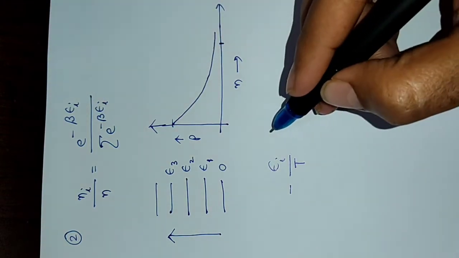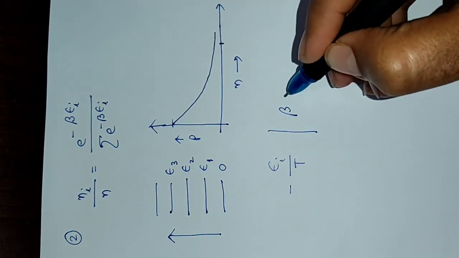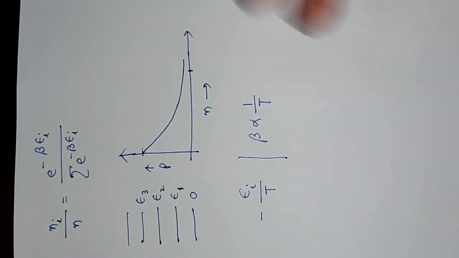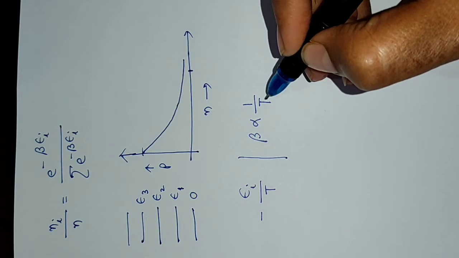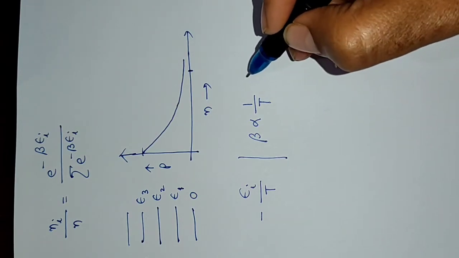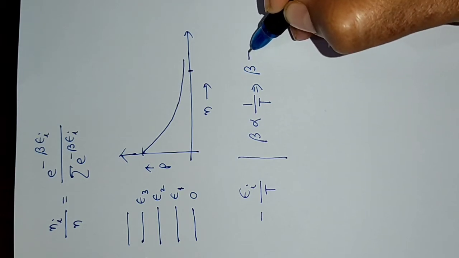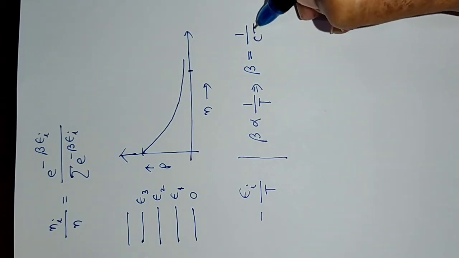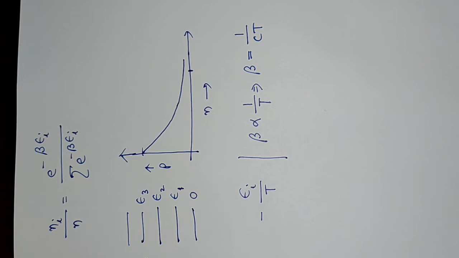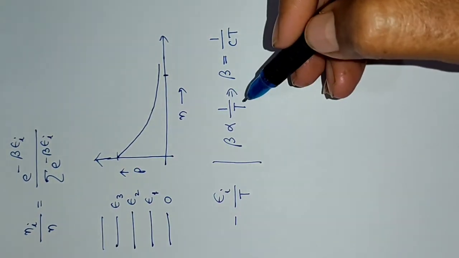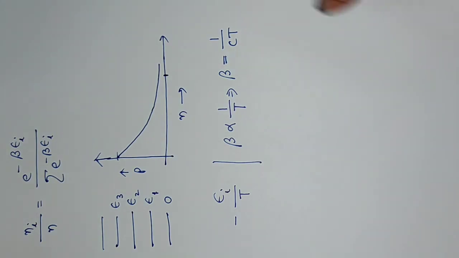So from this judgment, we predict that beta must be proportional to 1 by T. Now, removing this proportionality, we have beta equals 1 by CT. Let 1 by C be the proportionality constant. Beta is inversely proportional to absolute temperature and C is the proportionality constant.